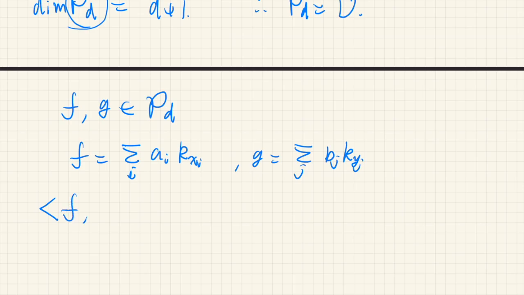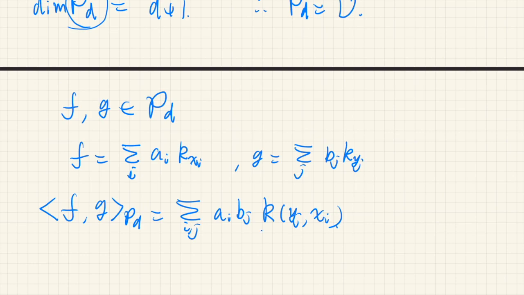Then we can define their inner product as this: sum over i and j of ai bj k(yj, xi), using this kernel function. And we have seen before that for any kernel function, the thus defined inner product is indeed an inner product, satisfying all the axioms of the inner product.